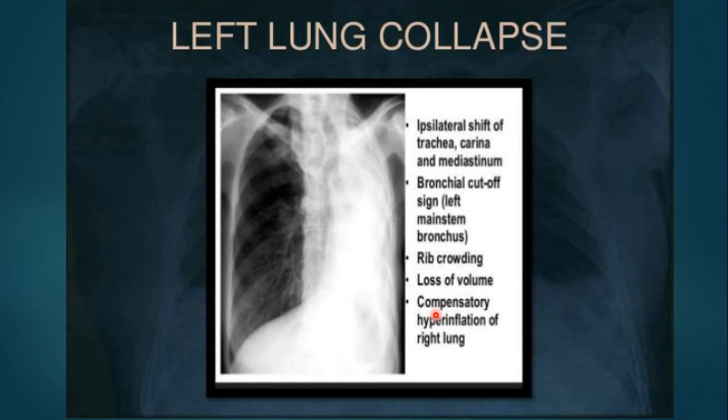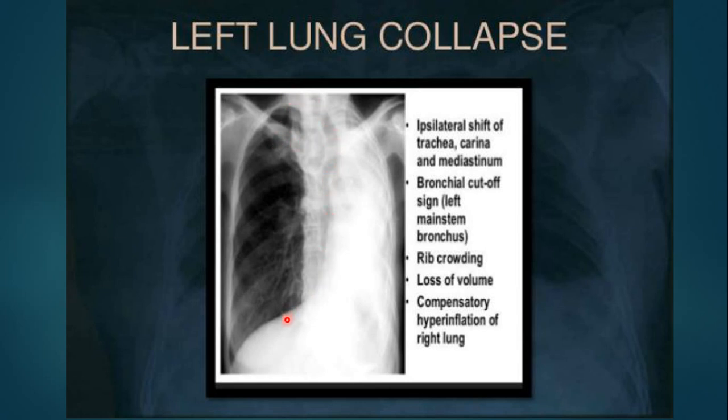For example, in this case, you can see there is a left lung collapse. The left lung is not aerated, it's very dense. You can see the mediastinum, the heart and the great vessels, the trachea, even the right and left main bronchi are all displaced to the left side. You can see there is compensatory hyperinflation of the right lung. This right lung is crossing the midline, and this is the border of the right lung.